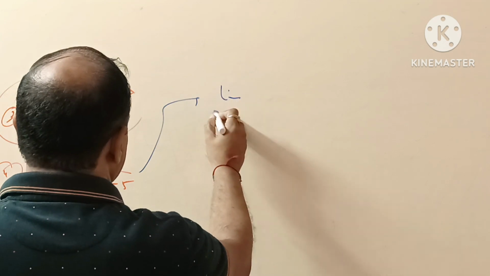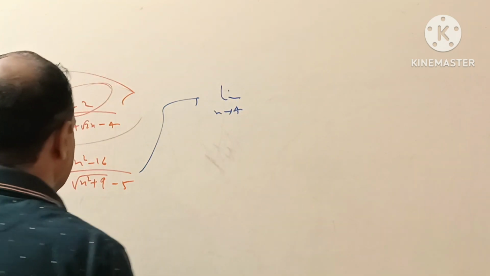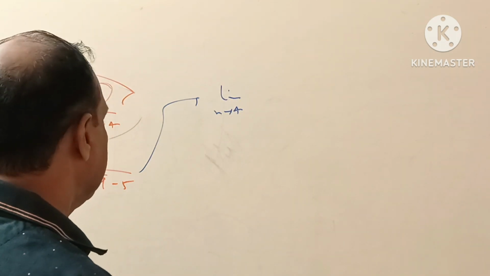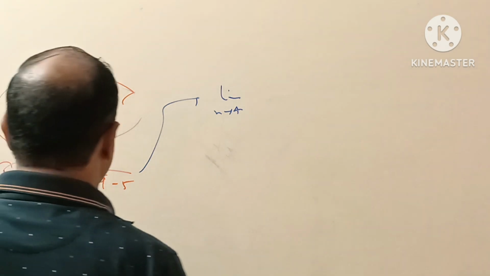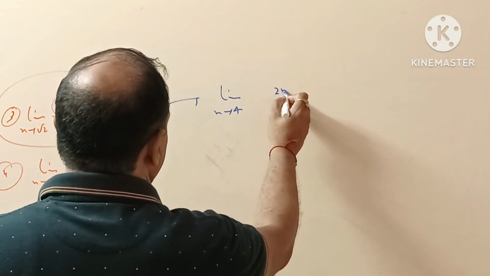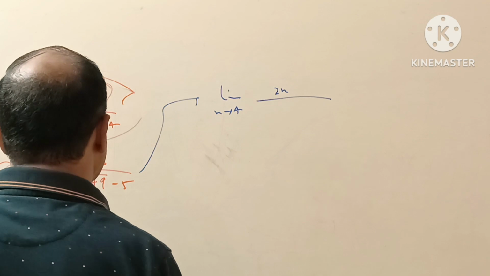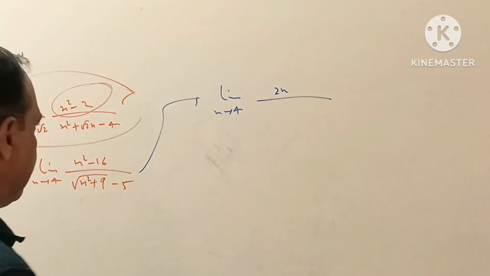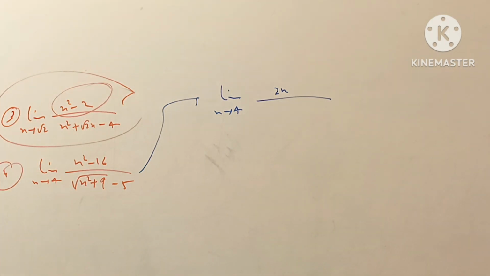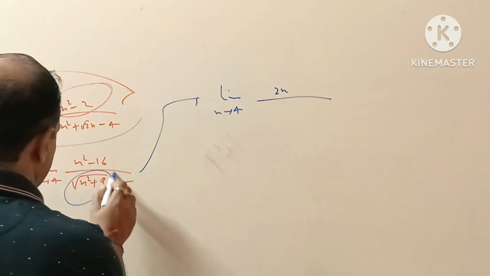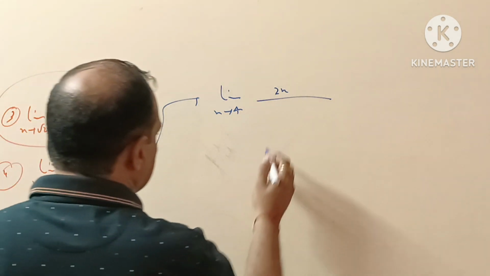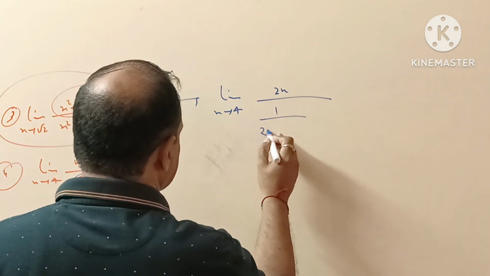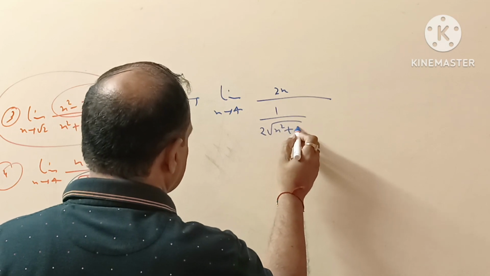What it means is that I have to differentiate the numerator and denominator independently. They are both independent. In the numerator, it will be 2x. Now come to the denominator part. When we differentiate the square root of x square plus 9, I will have 1 over 2 under root x square plus 9.